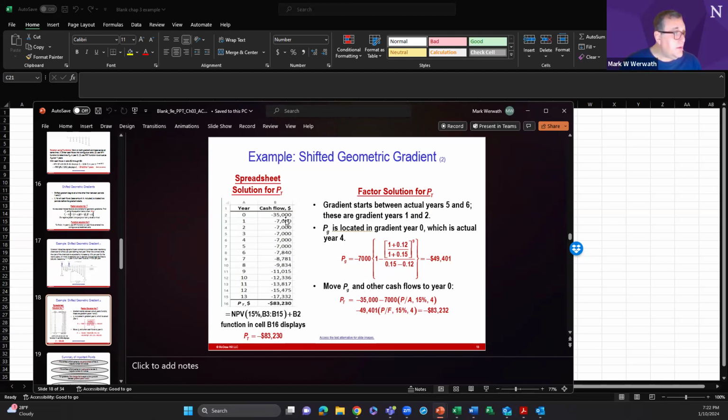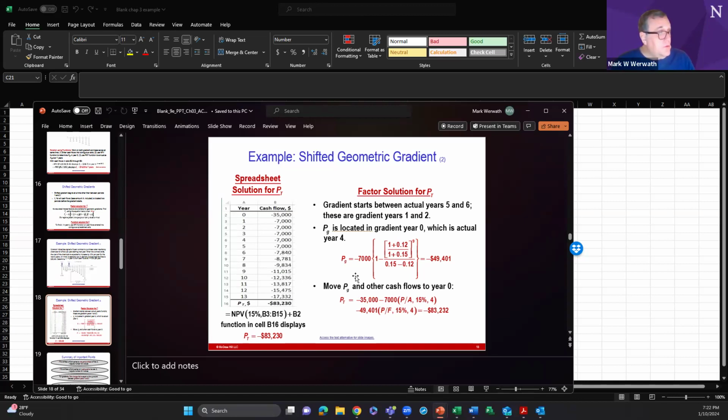We have to acknowledge that there's $7,000 per year for 5 years that needs to be brought into the present, right? And then we need to take the negative 49,000, treat that as a future value, and bring that into the present. So they've taken this whole segment here and broken it up into 3 segments: the negative 35,000, the $7,000 flat portion, and then the gradient portion.